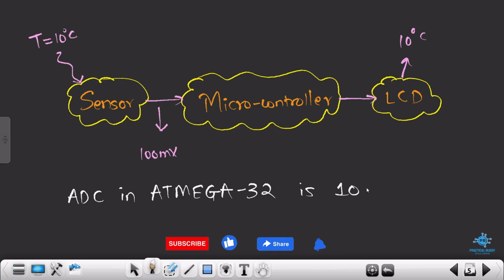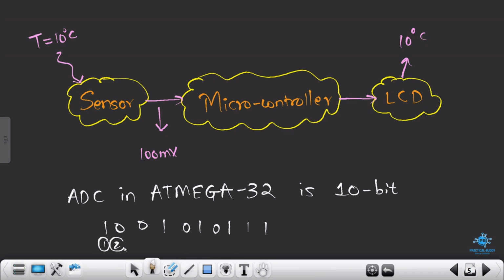So now you will get 10 different logics, 1 0 0 1, something like that, 0 1 1 0, something like that. So 1 2 3 4 5 6 7 8 9 and 10. You will get 10 such bits.